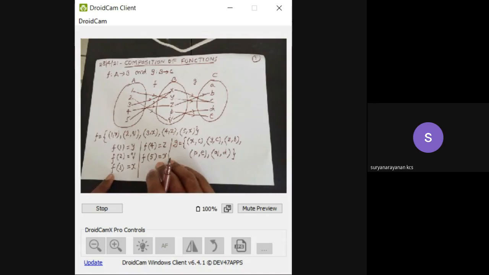In other words, yesterday in class I told you, this f of 3 denotes the value of the function f at 3. We can take the meaning in two different ways. The first is the image of the element 3 under the function f.